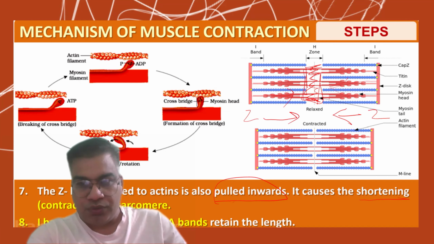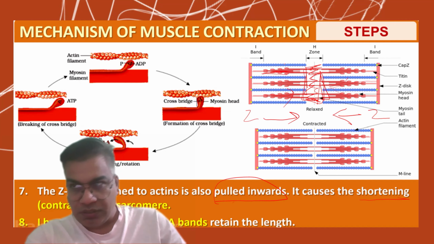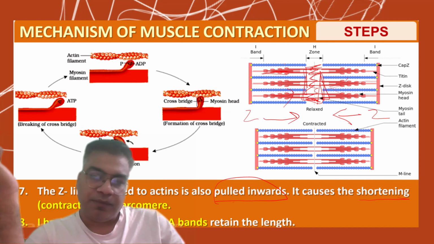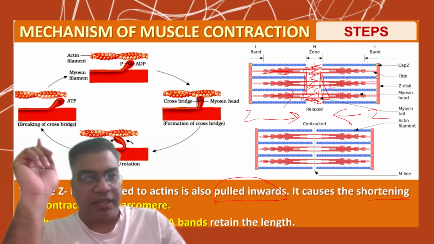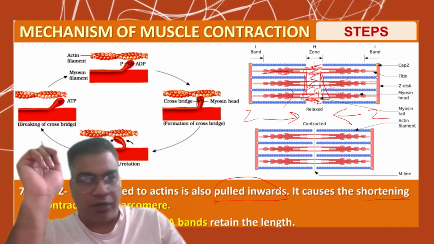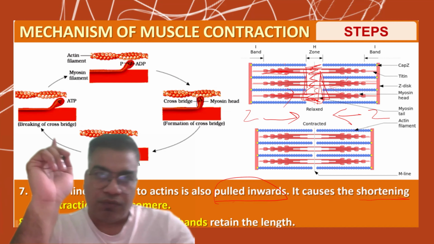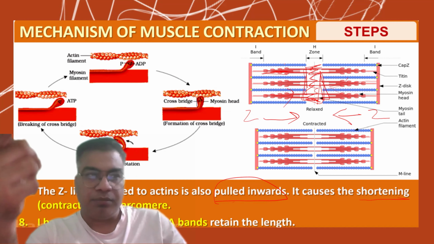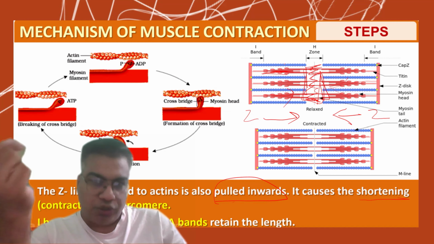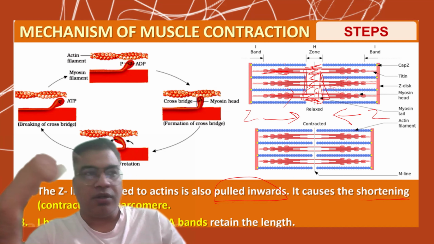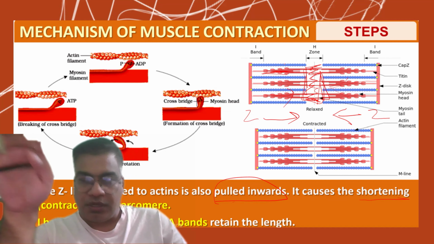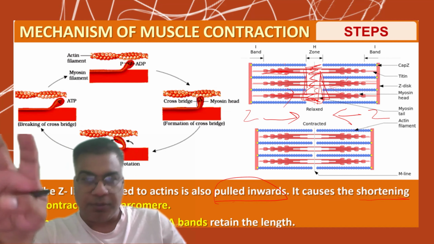The width of the H zone is also decreased because these are the myosin filaments which pull the actin filaments inward with the help of ATP hydrolysis, and this occurs due to release of calcium by the sarcotubular system present in the muscle fibers.